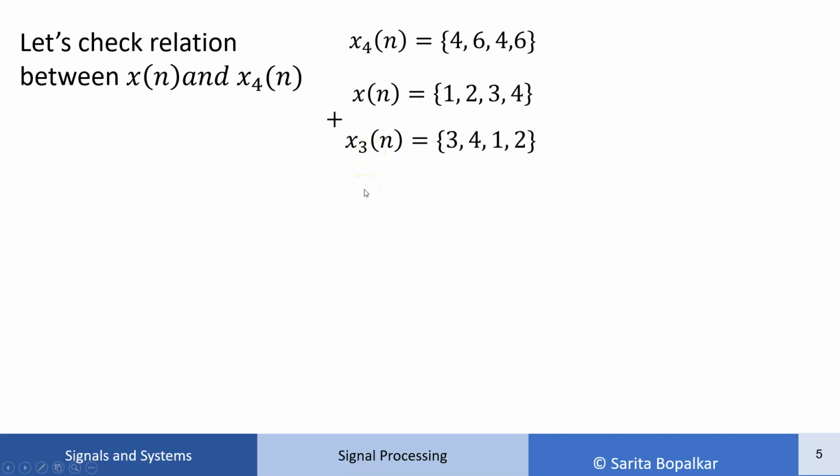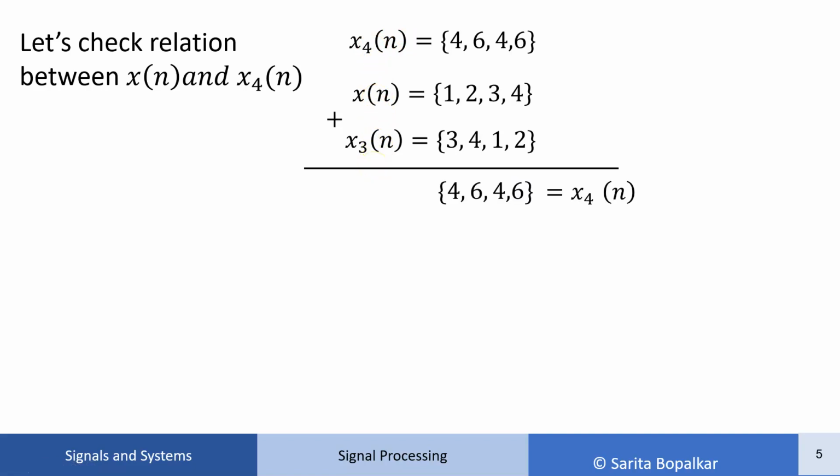Here we can check the addition of samples of X of n and X3 of n. 1 plus 3 is 4, 2 plus 4 is 6, 3 plus 1 is 4, 4 plus 2 is 6. So this X4 of n is nothing but the addition of X of n and X3 of n.